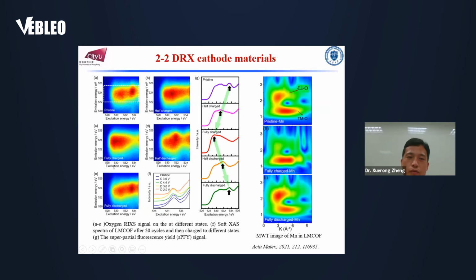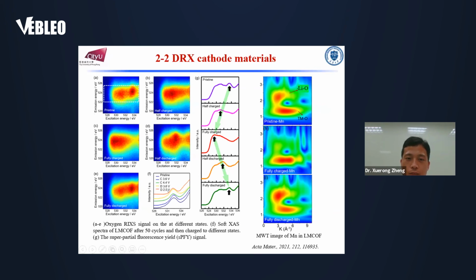And then we performed the RIXS, and we find that when charging to a high voltage of 4.4, the oxygen redox happened. But when discharging, the oxygen redox goes back to its previous position, and then we can also confirm that the oxygen redox is reversible very well in the LMCOF.